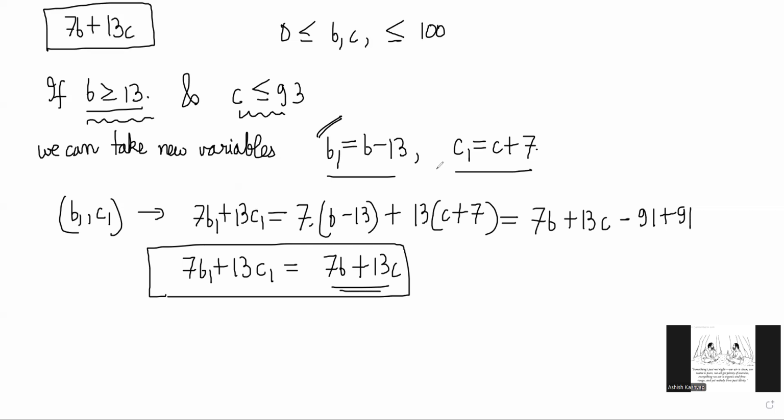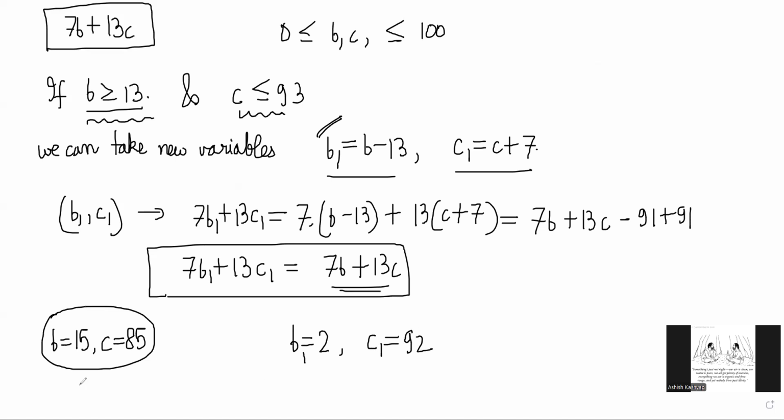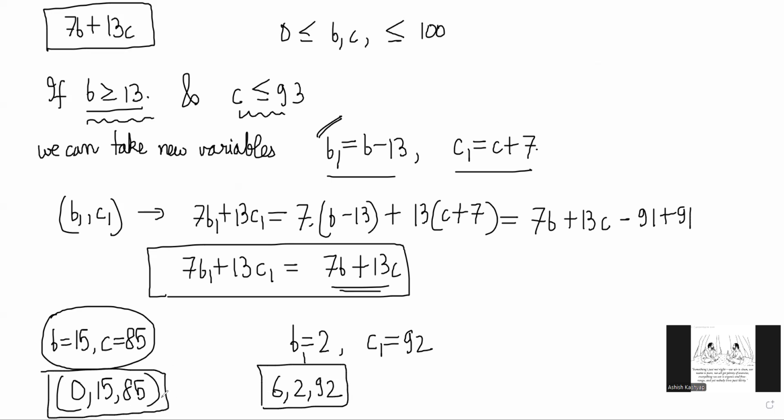For example, if b was 15 and c was 85, the value of 7b + 13c is the same as if b1 was 2 and c1 was 92. So basically the triples (a, b, c) = (0, 15, 85) give us the same value as (6, 2, 92), right? So anytime your b exceeds 13, we can convert it to a lower value where b1 is less than 13.